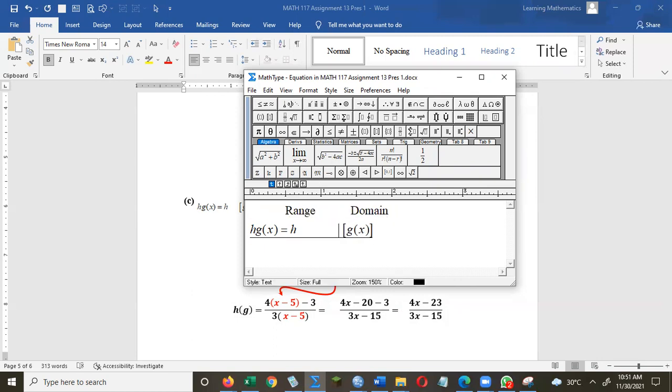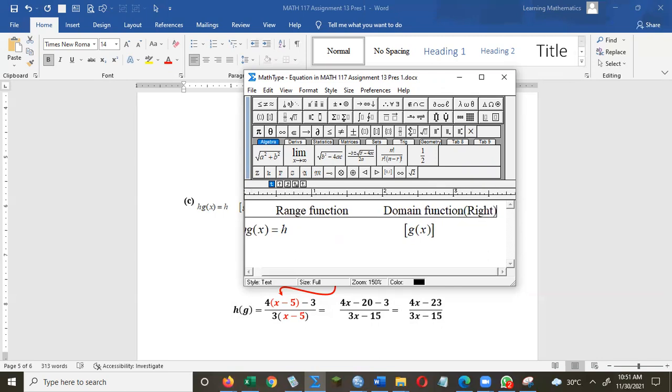Domain function, range function, if you want to use that terminology: the domain function is always on the right, and the range function is always on the left.